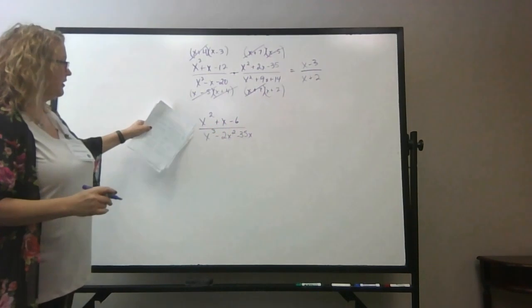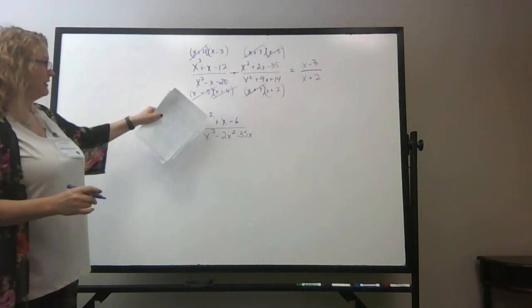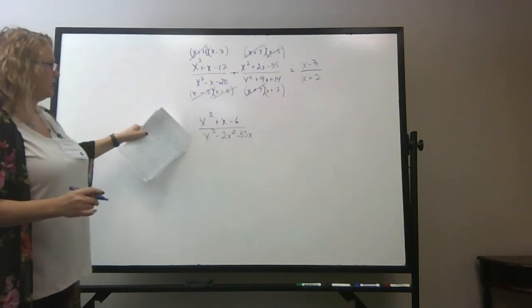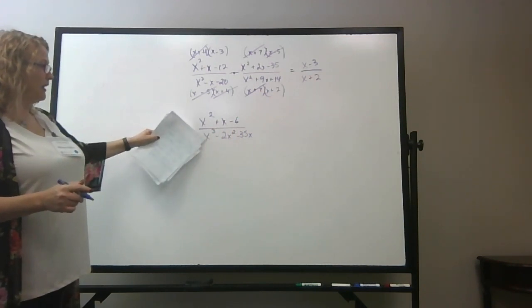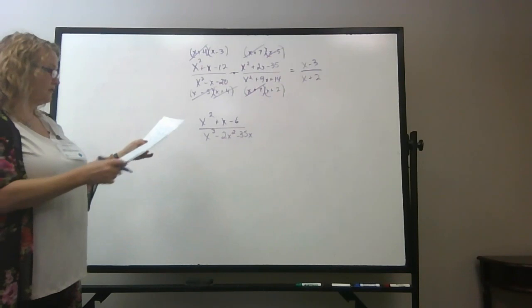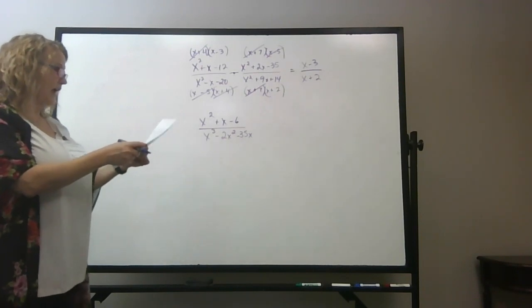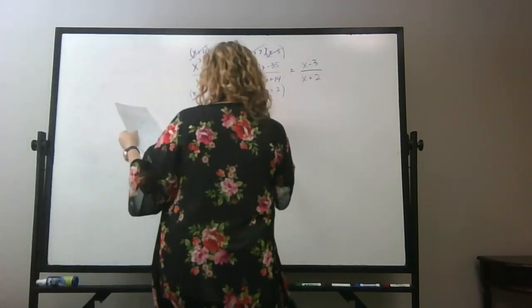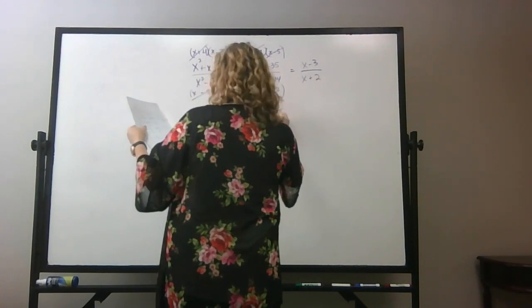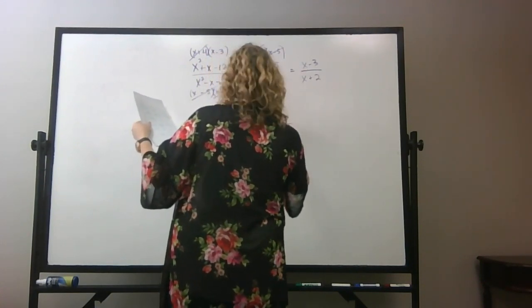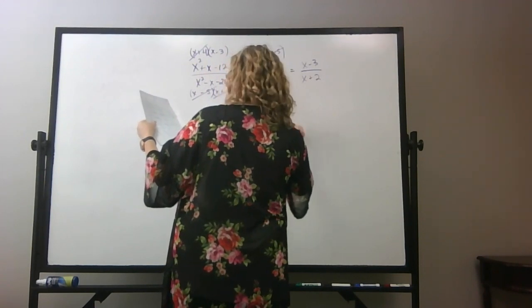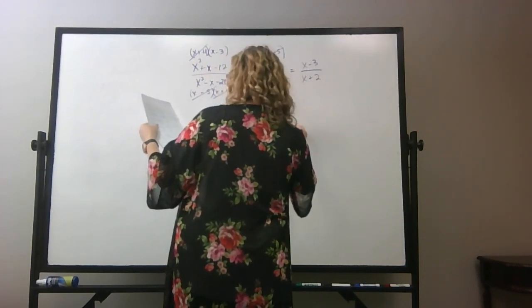So I have x squared plus x minus 6 in the numerator. My denominator is x cubed minus 2x squared minus 35x. And then this is going to be divided by x plus 3 over x squared minus 7x.